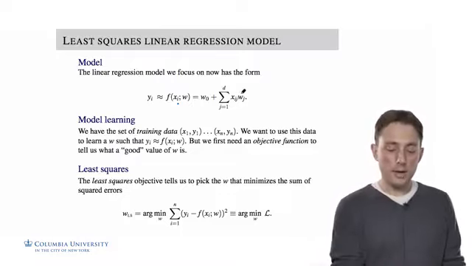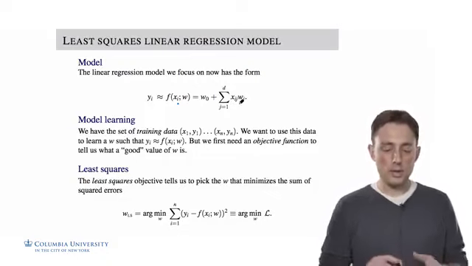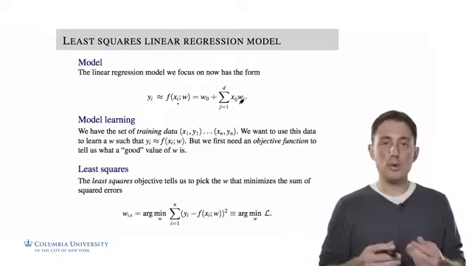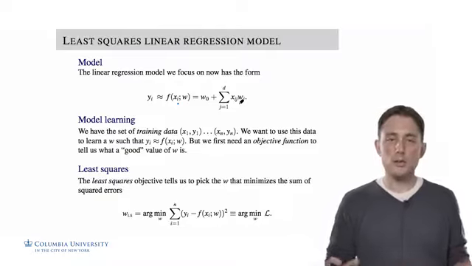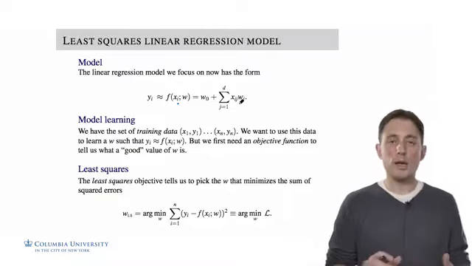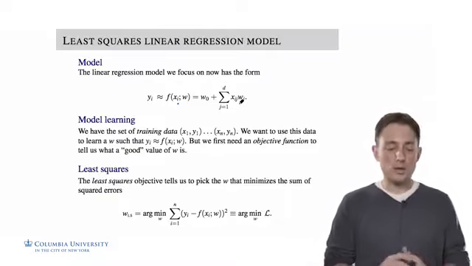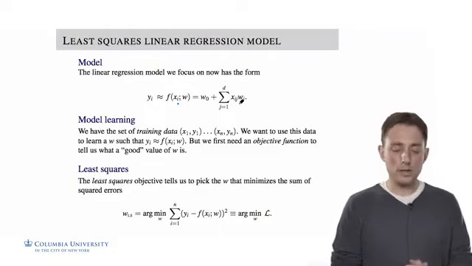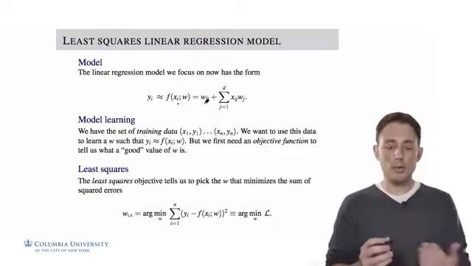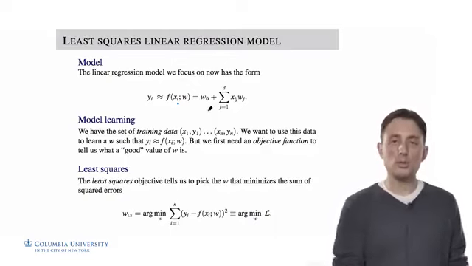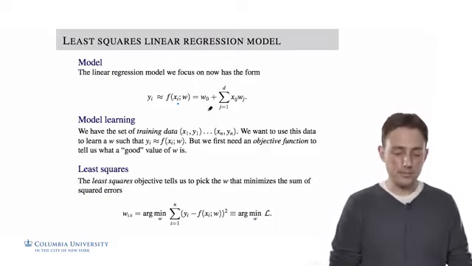And then we have a dot product, or an element-wise product, of the weight w_j with the jth dimension of input x_i. So x_i is in R^D. We take the jth dimension of x_i, multiply it by a weight w_j, do this for each dimension and sum those values up, add the bias to it, and predict the output to be approximately equal to this linear function.